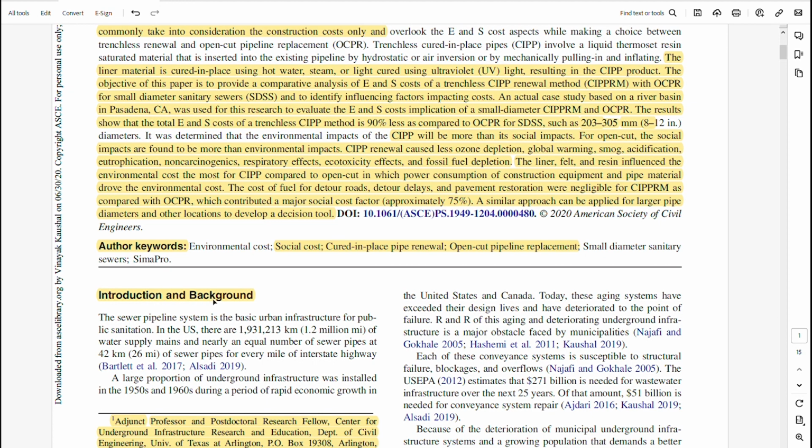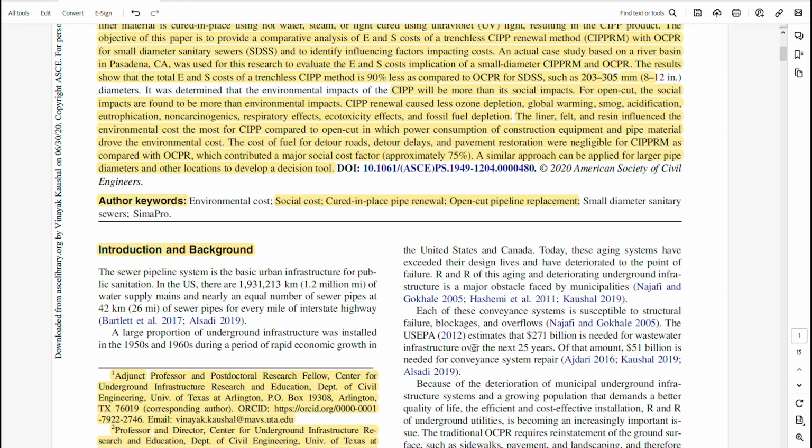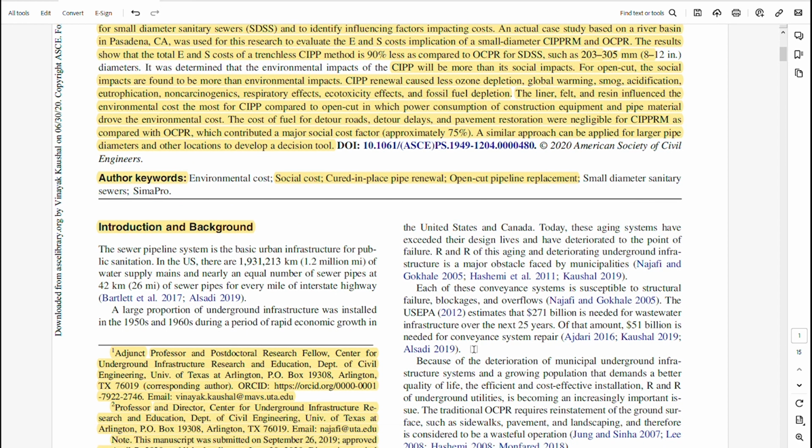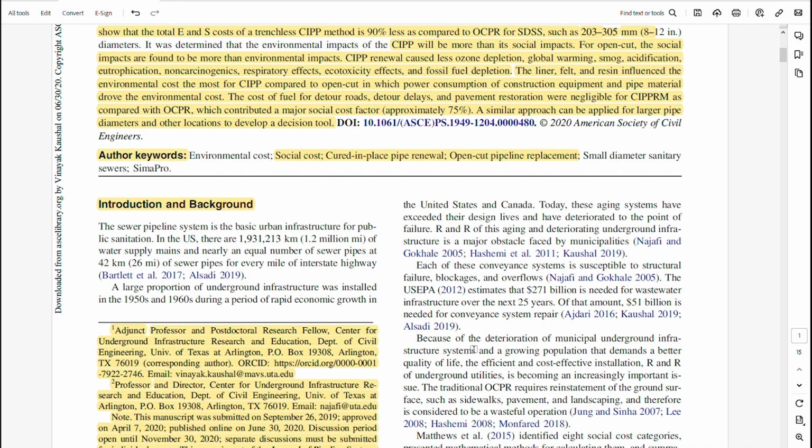This shows the introduction and a little bit of literature review as to what this paper is all about, and the different researchers or authors in the past who have done similar kind of work, and what are their viewpoints or opinions or results of their research.